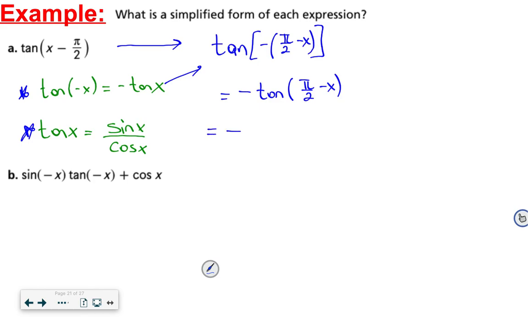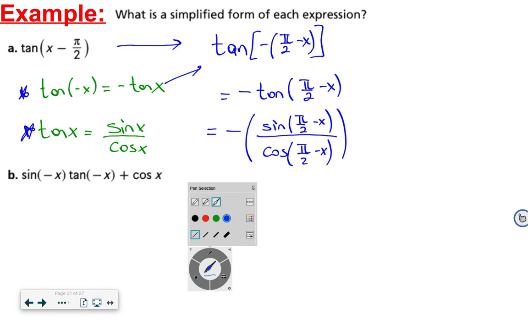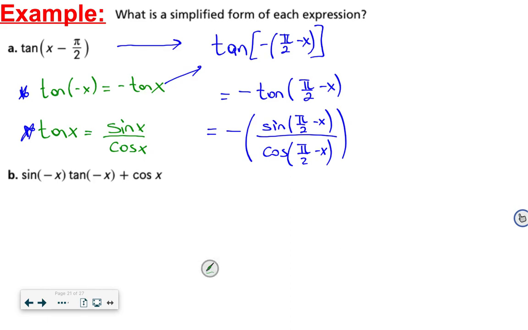Then, can I write tangent as a quotient of sine pi over 2 minus x over cosine pi over 2 minus x? Of course I can. And remember that, ladies and gentlemen, if you subtract any measure of angle from pi over 2, the trigonometric function is going to change its name.